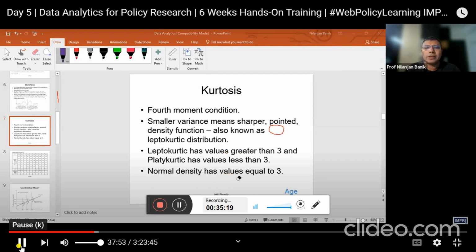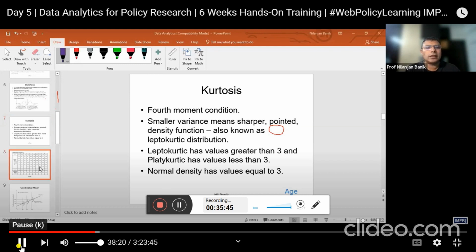By the way, the Jarque-Bera statistic takes the ratio of skewness and kurtosis, and then tries to form an idea of whether the distribution of the density function is normally distributed or not. Okay.